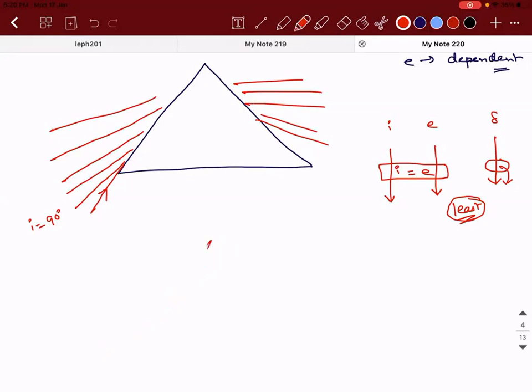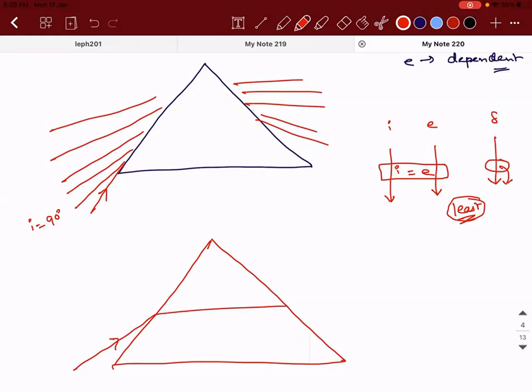It looks something like this. If this is the incident ray, then the ray will get bent in such a way that the refracted ray inside is going to be parallel to the base. Okay, the refracted ray will be parallel to the base.